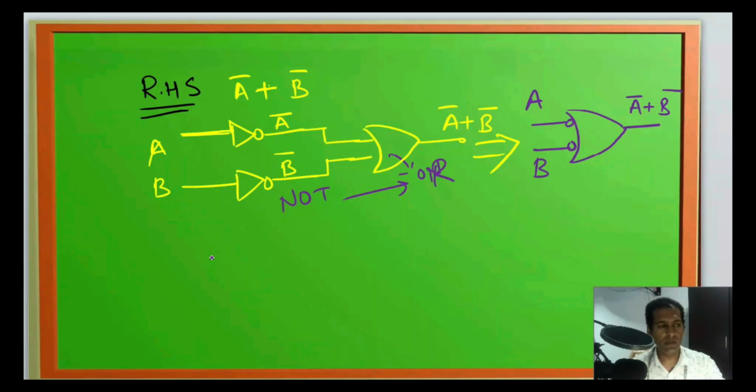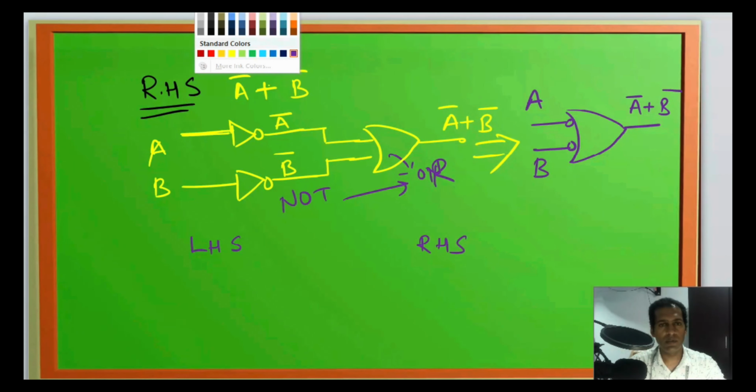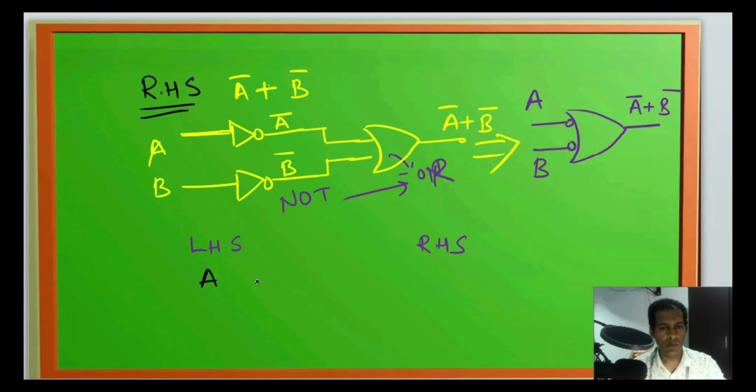Now let us compare the truth tables of LHS and RHS. First, let us note down the truth table for the LHS. We have A, B as two inputs, and the output is (AB) bar.